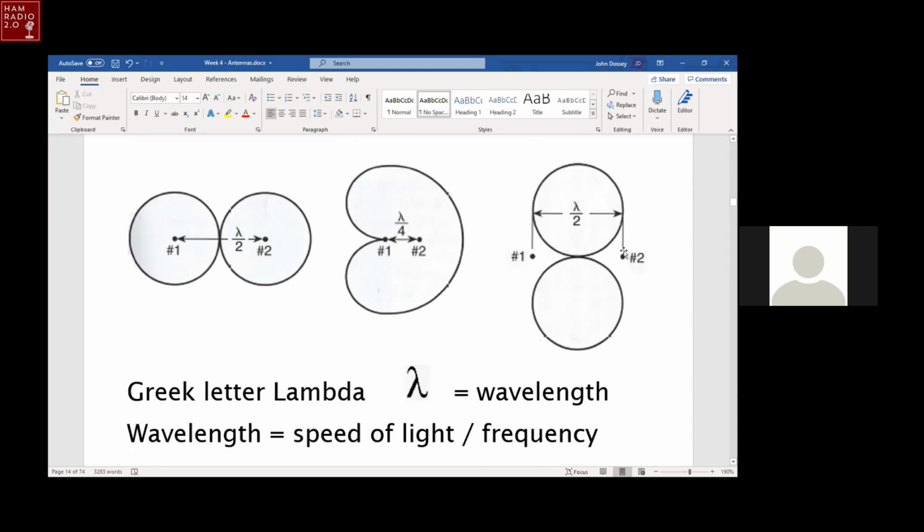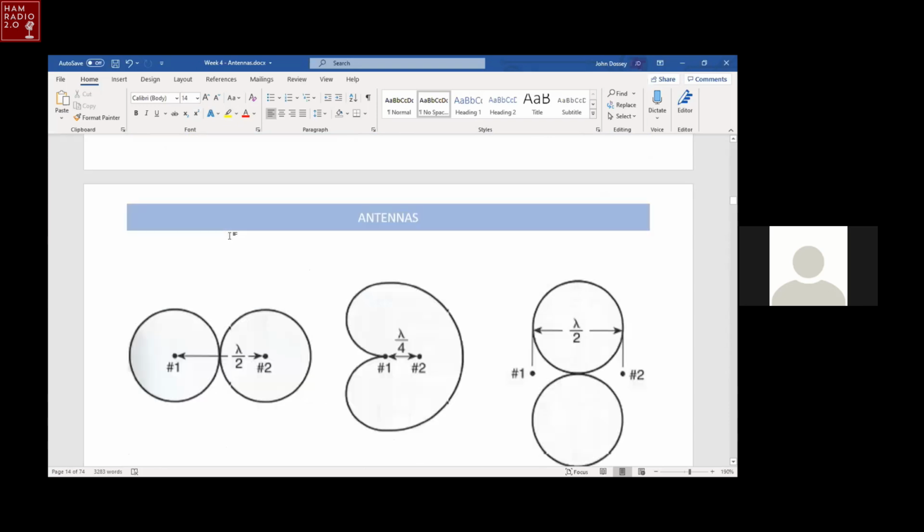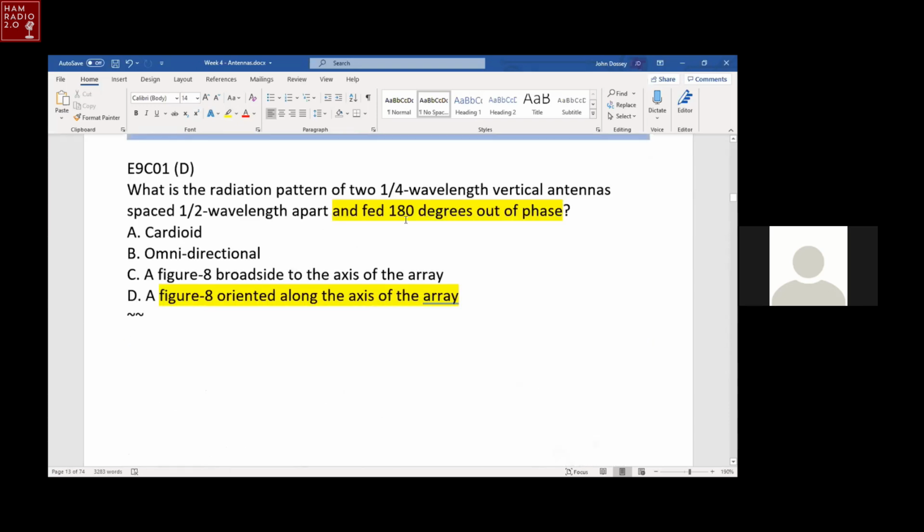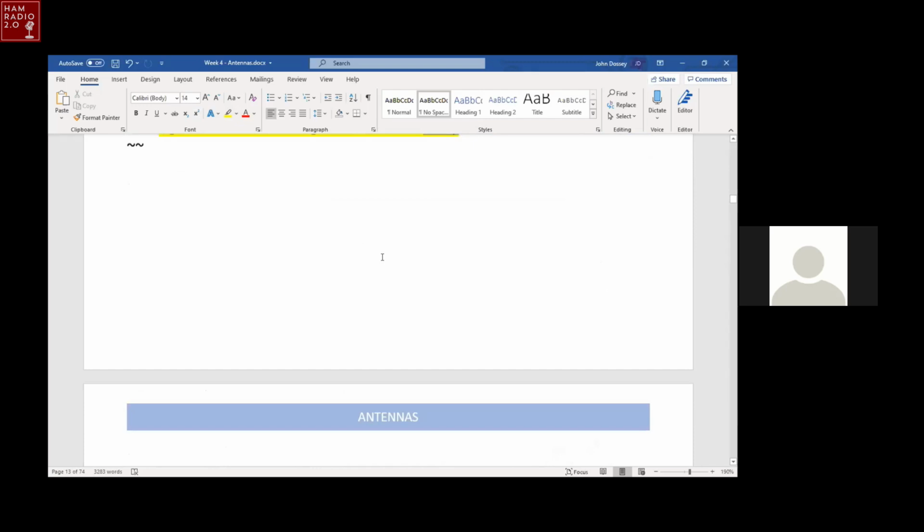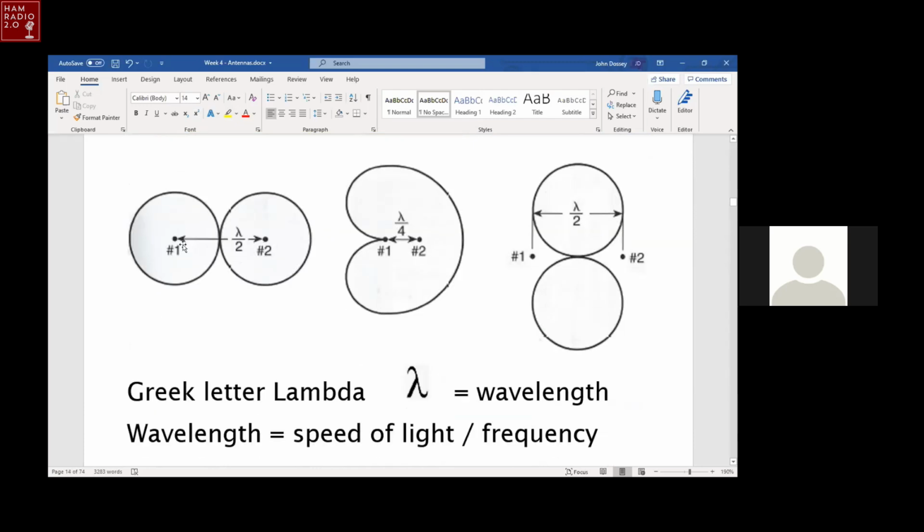See, here's the same two quarter wave verticals, number 1 and number 2, as we had the first time. Only this time, these two were fed 180 degrees out of phase. So directly out of phase, you get the pattern off the ends, but if you feed them in phase, you get the pattern off the broadside.